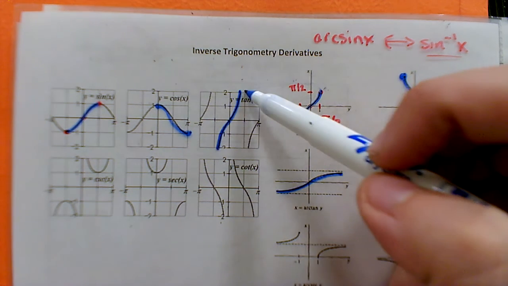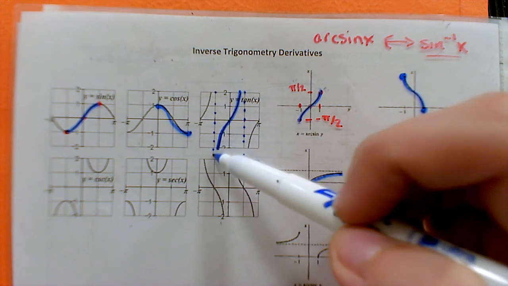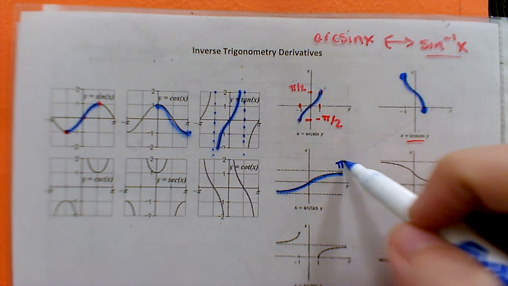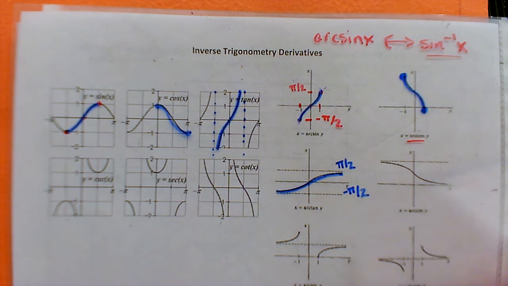Okay. Now notice how tangent has vertical asymptotes at pi over 2 and negative pi over 2. So if you were to switch to the inverse graph, those vertical asymptotes would now be becoming horizontal ones. So we do have some horizontal asymptotes on the inverse tangent graph.